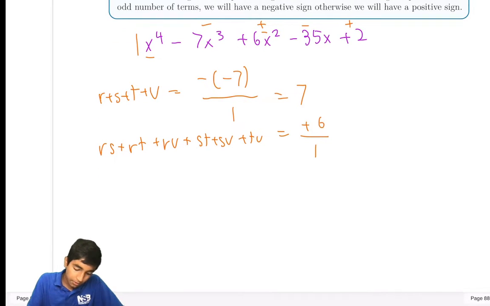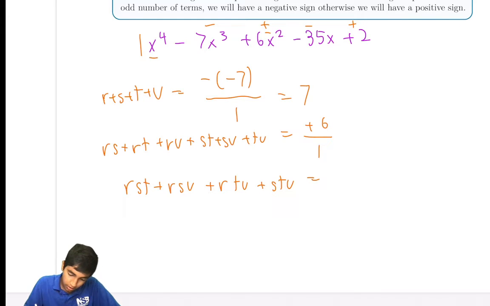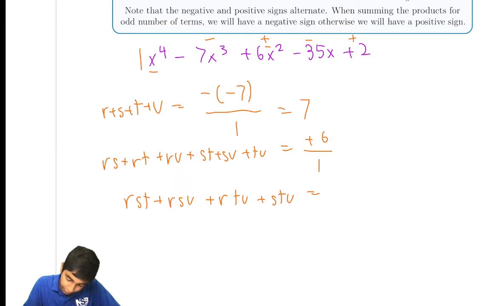And then the sum of all 3 sums, so rst plus rsu plus rtu plus stu, is just negative of negative 35, because that's the coefficient on this term, divided by the coefficient on this term, which is 1. So that's 35.